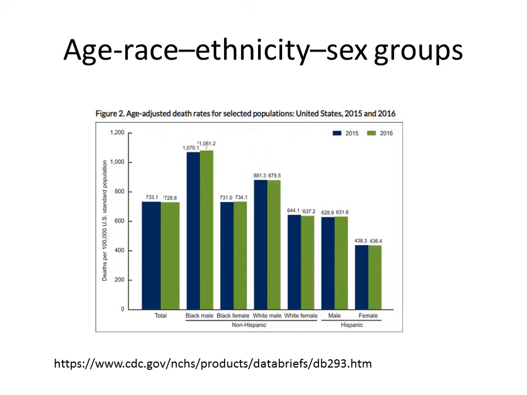So if your population has a high percentage of black males, then your outcomes for looking for causes of death and mortality are going to be quite different than if you have a population with, say, white females. What if you do have a population of white females?